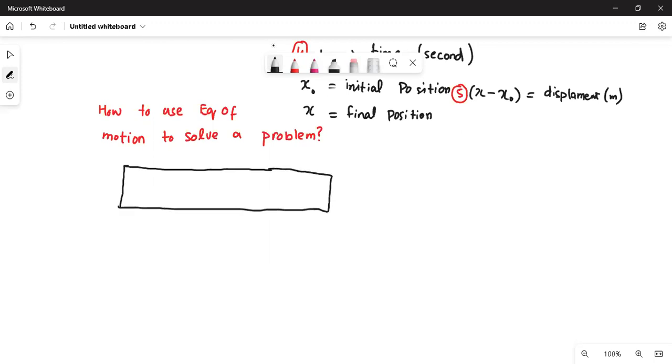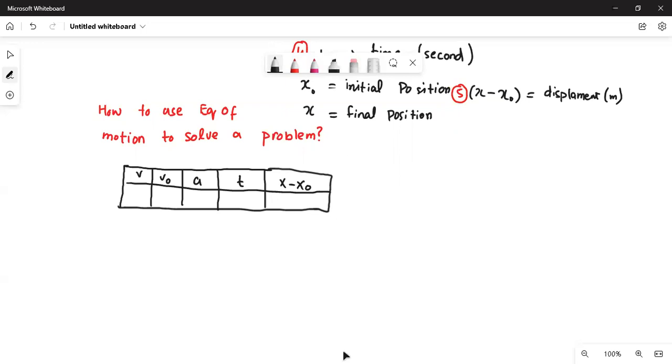And how many boxes will this structure have? 5 boxes. And what will you write here? V naught, A, T, x minus x naught. You will write any given value in it, and the one that is missing you will cross out.